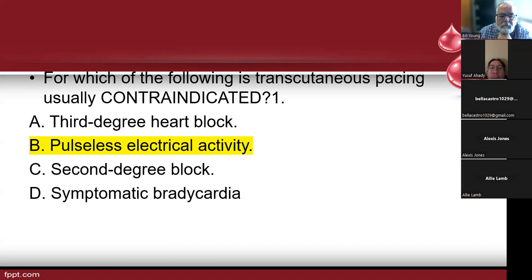Basically you see, it doesn't necessarily have to be, but an organized rhythm that you a lot of times you could shock, but there's no pulse. Perfect. And so, Allie, what is our treatment modality for PEA? What do we do? Resume CPR. And what else? You can give epi.